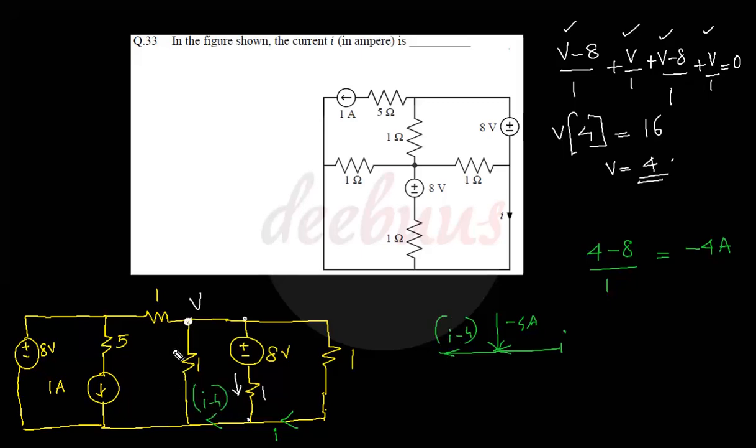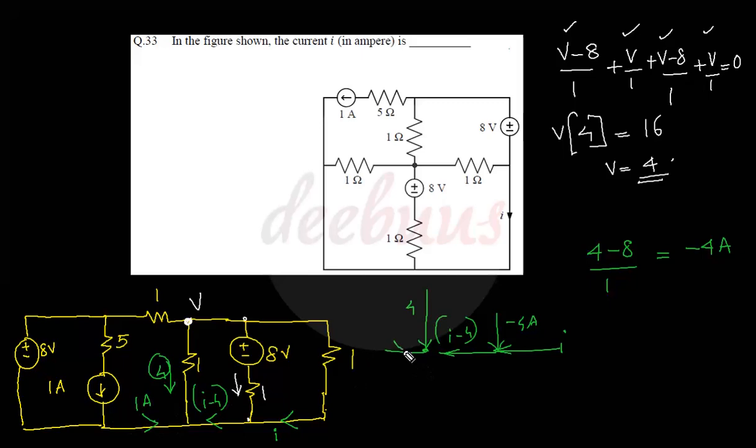Now the current flowing through this 1 ohm is V by 1. V is 4, so 4 by 1 is 4 ampere. 4 ampere current is entering this node again, and we have to check what the current is here. It is marked as 1 ampere, as the current source is delivering current through this path.